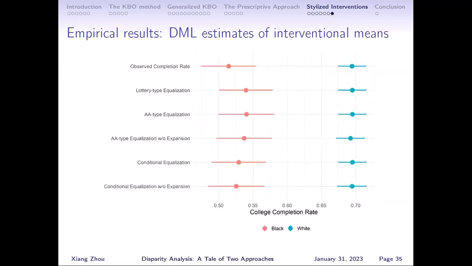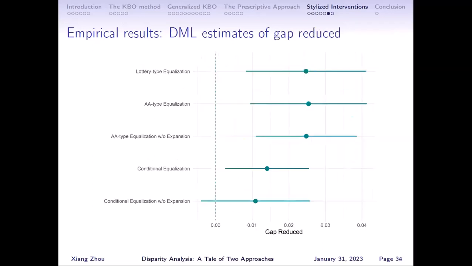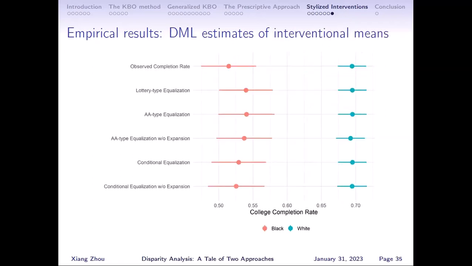And this is a chart showing the DML estimates of the mean completion rates under different types of intervention. We can see the reductions of the gap are relatively small compared with the overall gap, which is about 18 percentage points. The highest reductions occur for like 2.5 percentage points, like 15%, right? Not very much. But we can also see that reductions are mainly driven by increased completion rates among Black students rather than by decreased completion rates among white students.